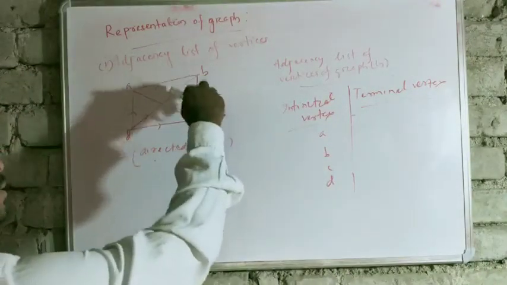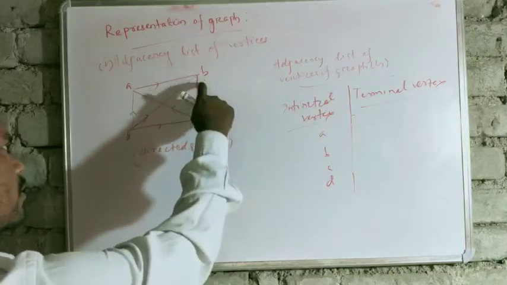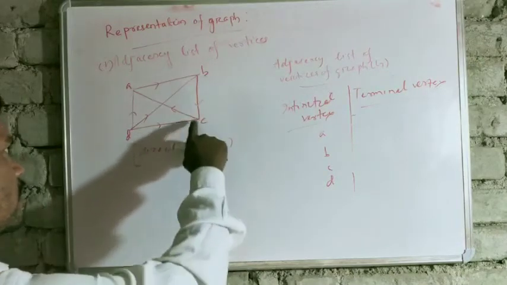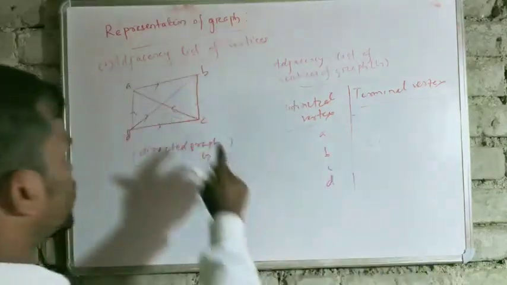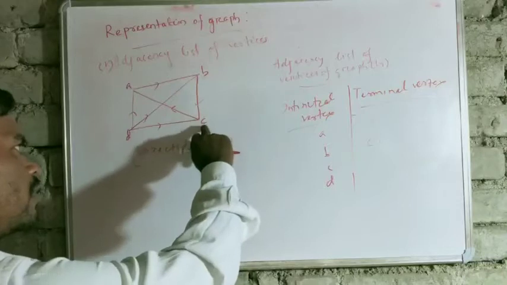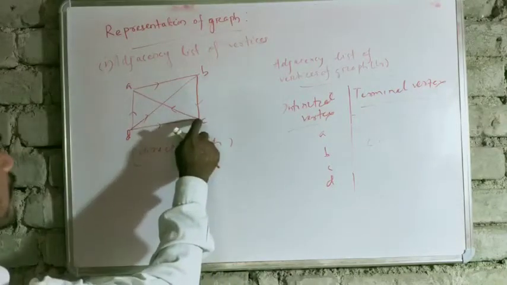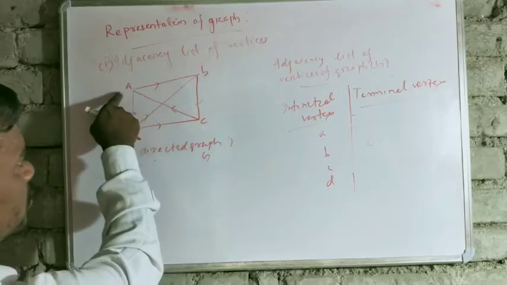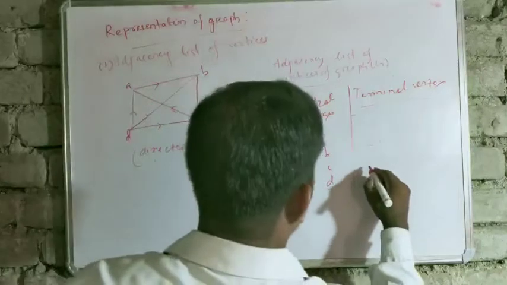For this edge, C is a terminal vertex. Only this one, C is a terminal vertex. And for vertex C, what will be its terminal vertex? Because there is an edge that connects to A, A will be a terminal vertex, and no other terminal vertex, so only A.